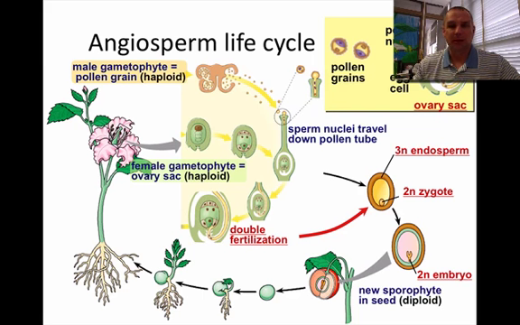And it will land on top of a female pistil here, and here's where the ovary is, and the sperm will actually grow down to the egg or the ovum, and there's where reproduction will occur. It will create a zygote, and the zygote will eventually create a sporophyte inside the seed.